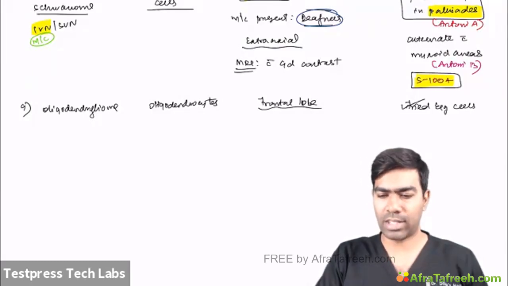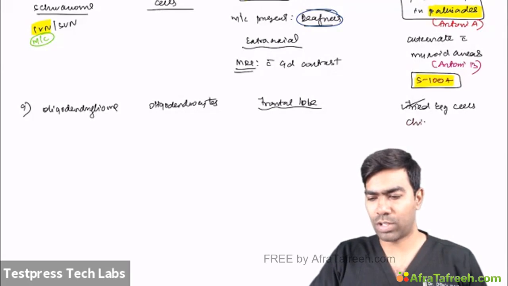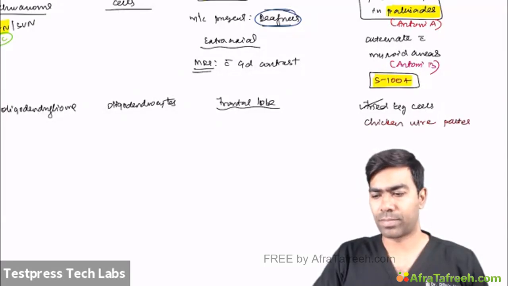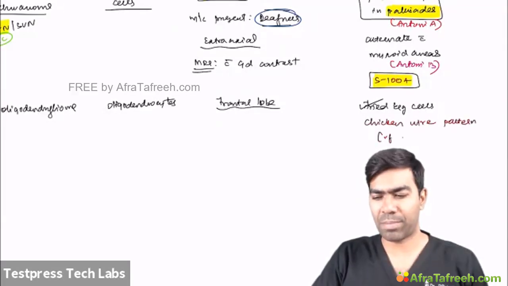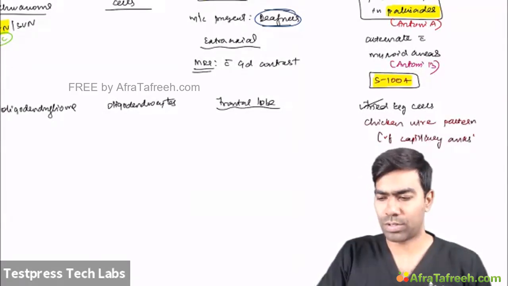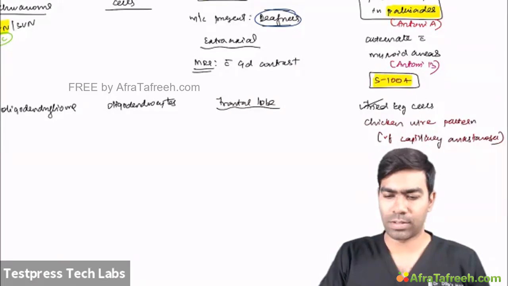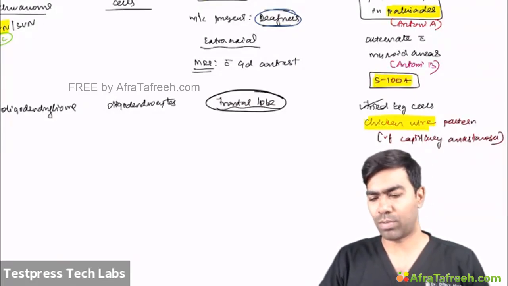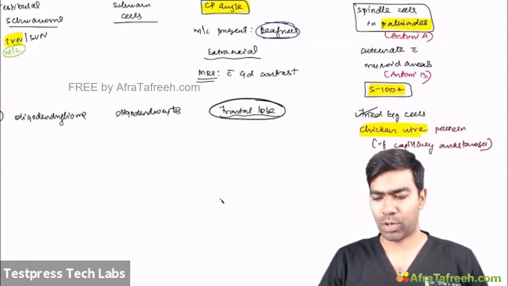More importantly, another clue for this diagnosis in the exam is the chicken wire appearance, or chicken wire pattern, which is basically a pattern of capillary anastomosis. So this will be the key point in the exam, along with presence in the frontal lobe. Key point.